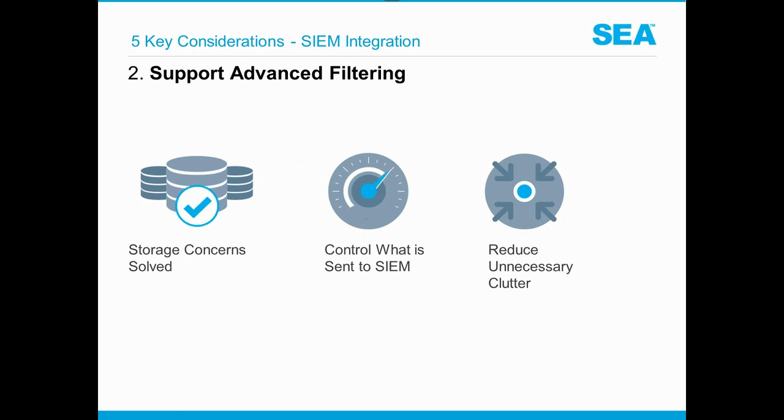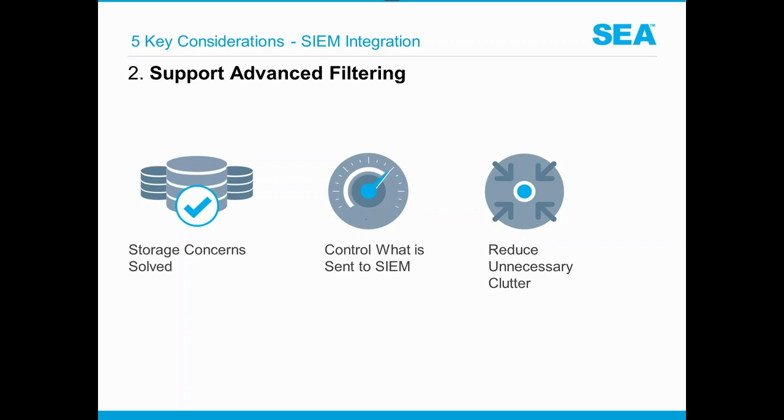Filtering can be done at the IBM QRadar journal entry type level, along with severity level assignment. This makes for a more efficient analysis and reporting process.